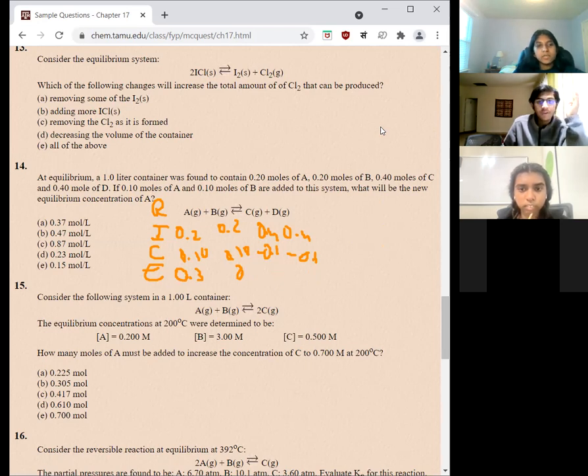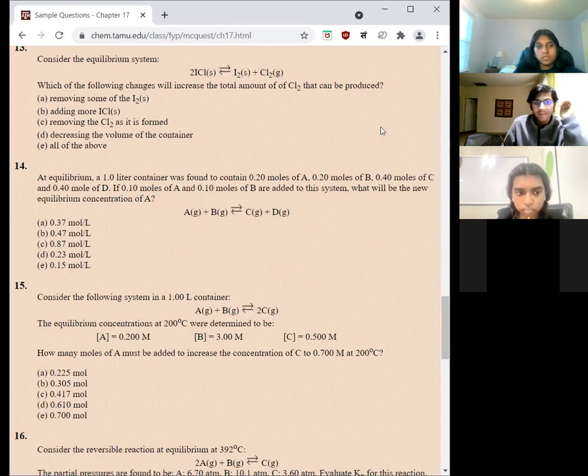Oh, I'm sorry, this is not even a rice problem. You're adding this many. We have 0.10 moles. Wait, I feel like this needs the Kc to solve it. Oh no, they give us Kc, basically.